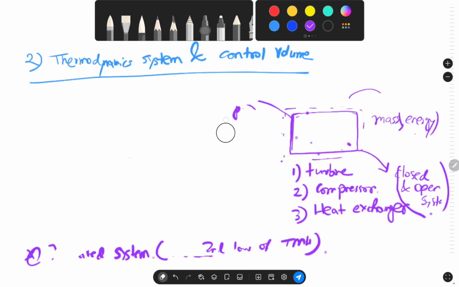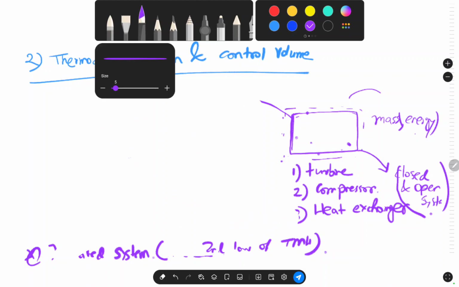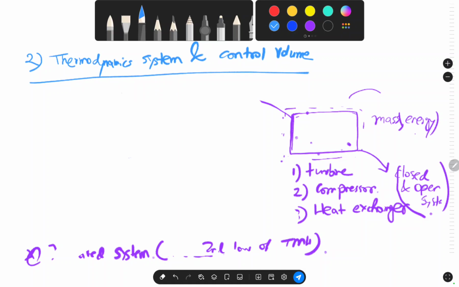the piston cylinder device. In which category should the piston cylinder device fall? If we think about the piston cylinder device here, that contains a fixed quantity of gas, then what kind of approach is this?